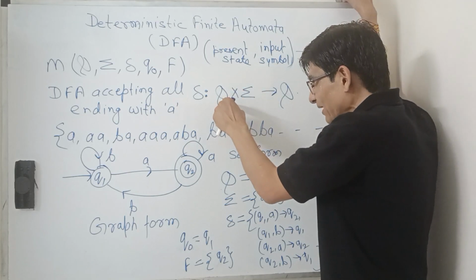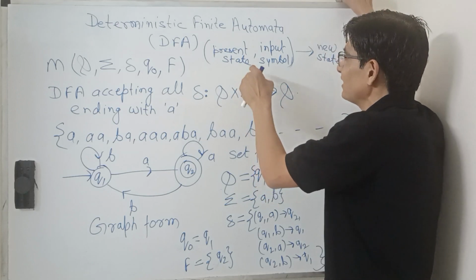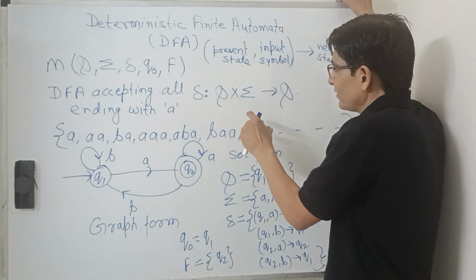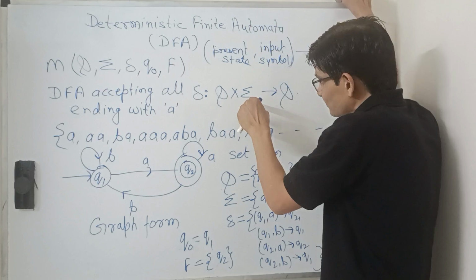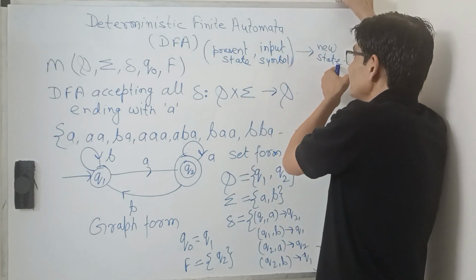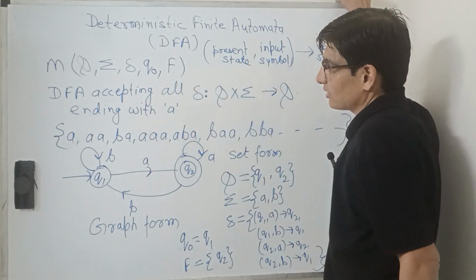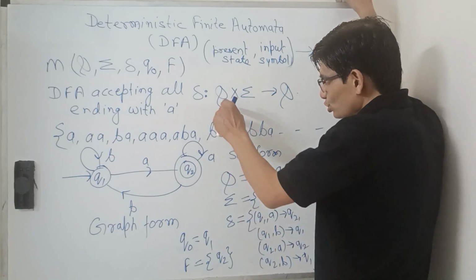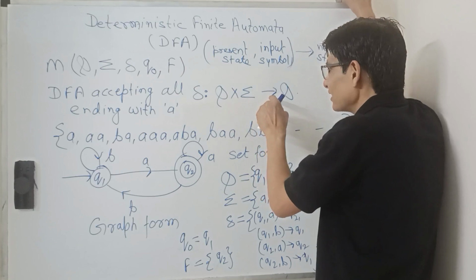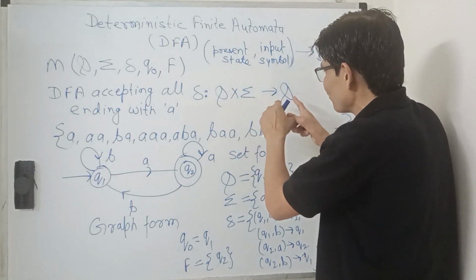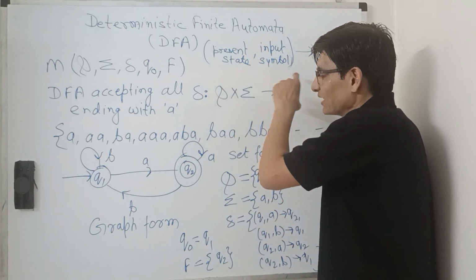Q cross sigma gives Q. That means one member from the set Q and one member from the set sigma would be there in the ordered pair. The present state belongs to Q, the input symbol belongs to sigma, and that gives us one new state, which again belongs to the set of all possible states, Q. So you can represent delta as Q cross sigma gives Q. This is another way of representing the transition function, but this is only the definition of the transition function.